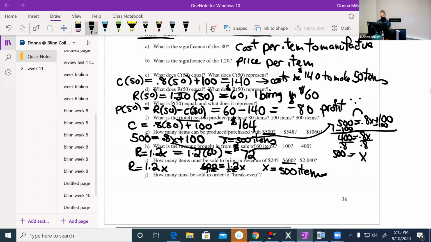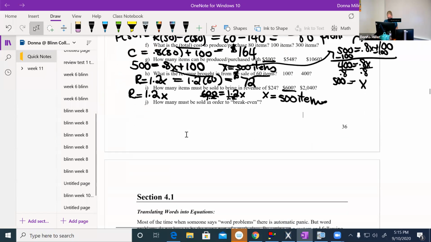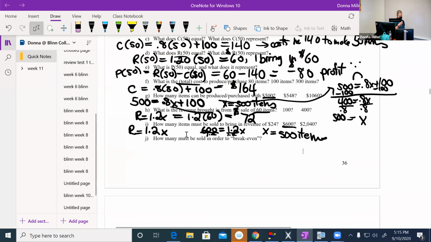All right, this is the last thing we're going to have to do. So what's the break-even point? Let's see if you guys remember. It's got to come out to 0. What equals 0? Your profit is 0, right?